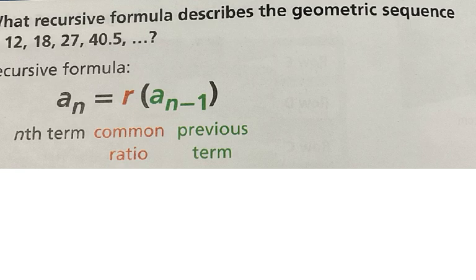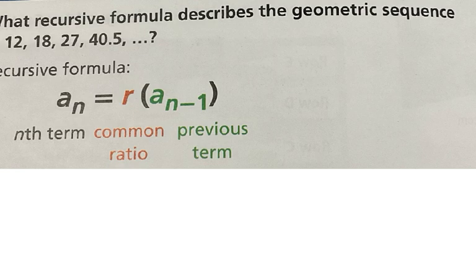All it's saying is if I was looking for the 10th term, so if n was 10, how could I find the 10th term of my sequence? Well, I could just look at the previous term. You see where I'm coming up with the 10th term? Because n is 10.